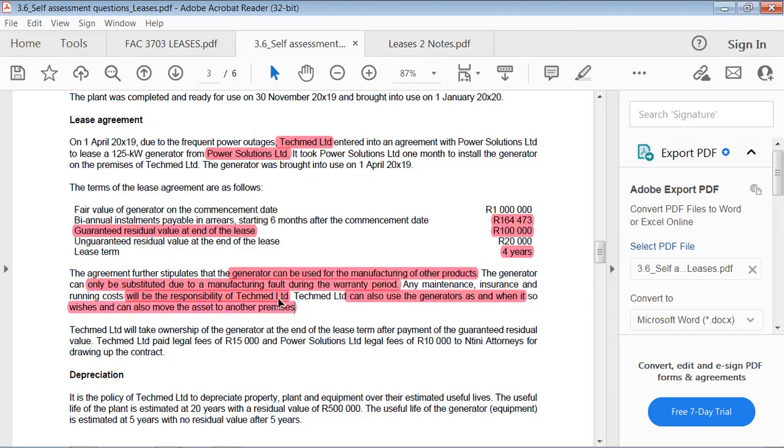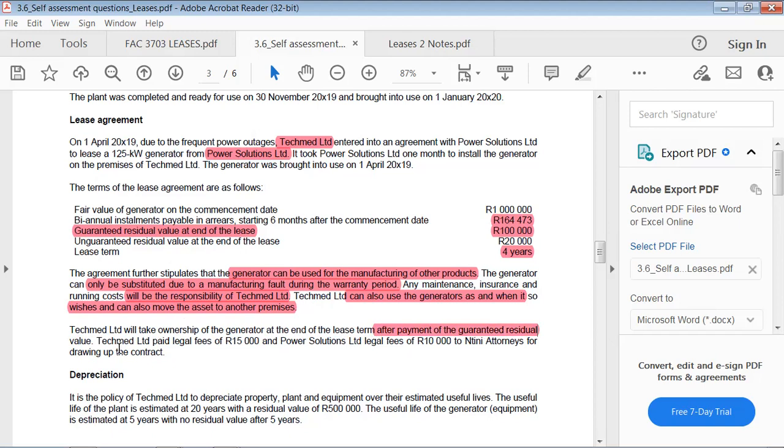You see, so these are the terms of the lease. So your question for 10 marks will be based on this information that I've just highlighted. Right, then it states TechMade Limited will take ownership of the generator at the end of the lease term after payment of the guaranteed residual value. So you need to pay that amount.